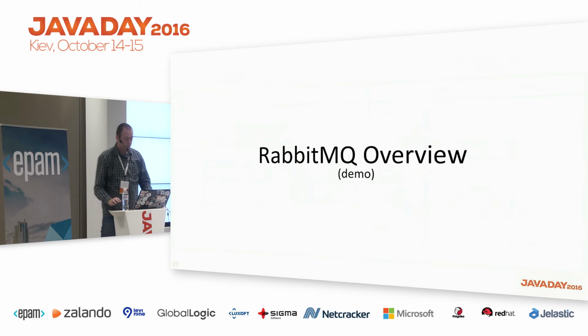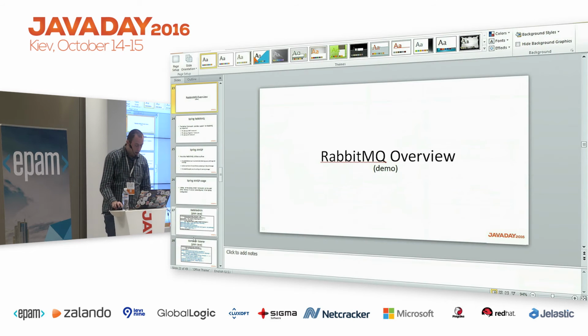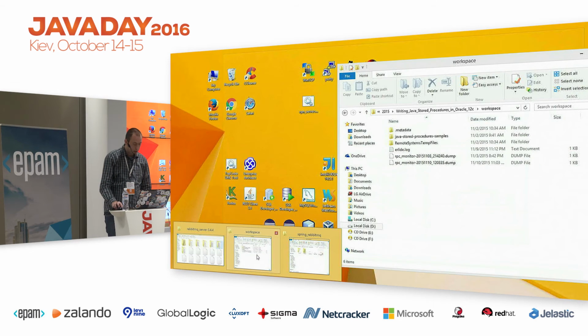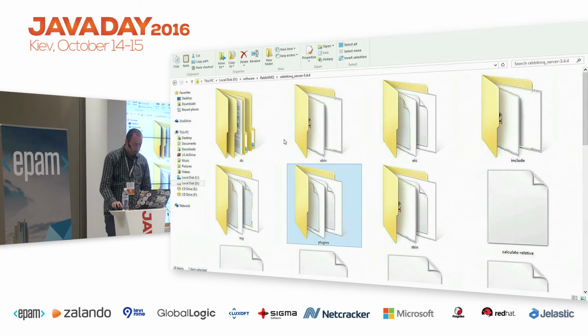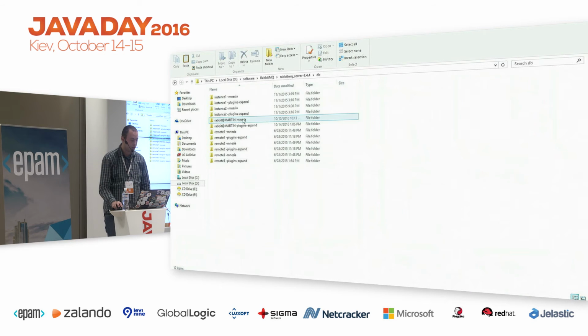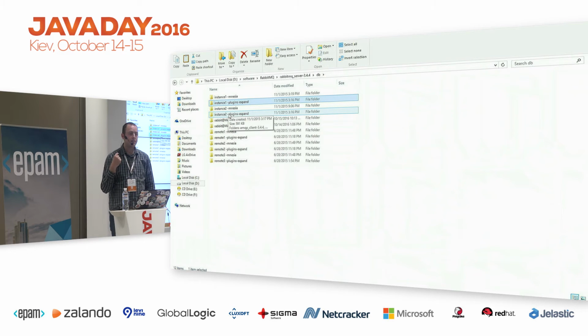Now, before we proceed, let's see briefly what RabbitMQ looks like. By default, the installation of RabbitMQ is fairly simple. We have the DB directory, which persists both the messages received at the level of the message broker and the information about queues, exchanges, bindings, and all of the other elements in the database.